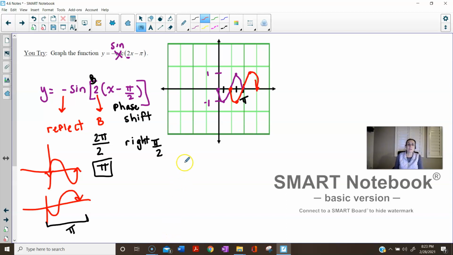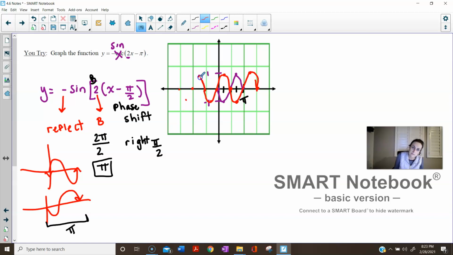All right, and so you can continue that in going the other direction. So if I want to go up, over, down and under. So here's my graph, and the red is my graph. And you can just keep continuing that pattern as many times as you want.